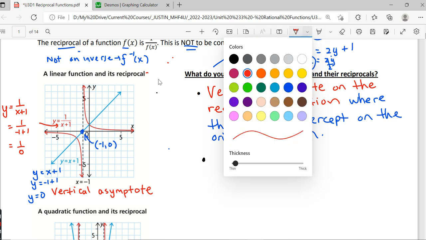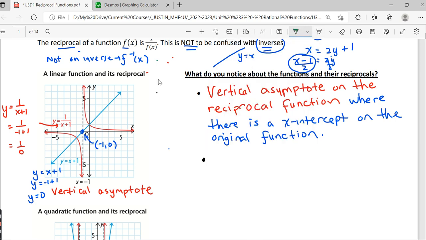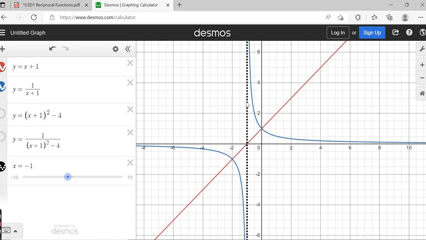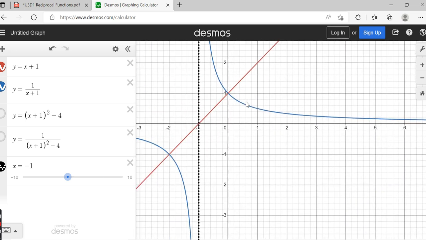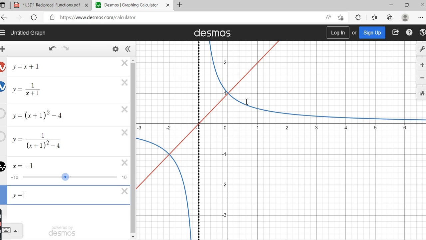Now, I said that there was a vertical asymptote at the x-intercept of the original. A horizontal asymptote would be the horizontal line that our function never touches. Okay. Now, if I looked at this, it looks like it's approaching the x-axis, right?